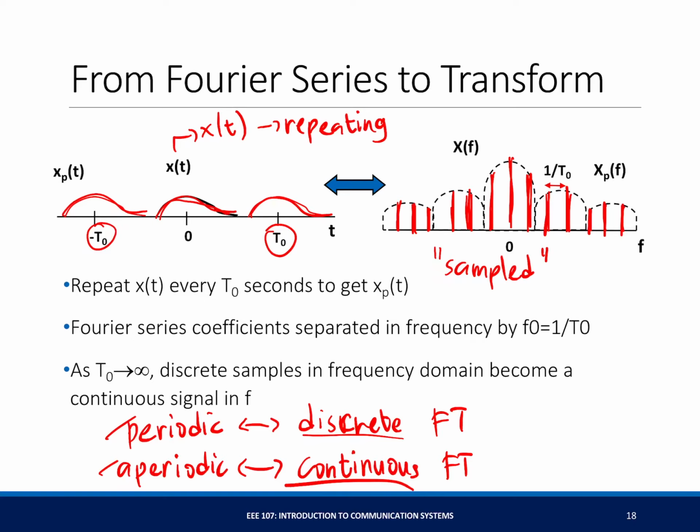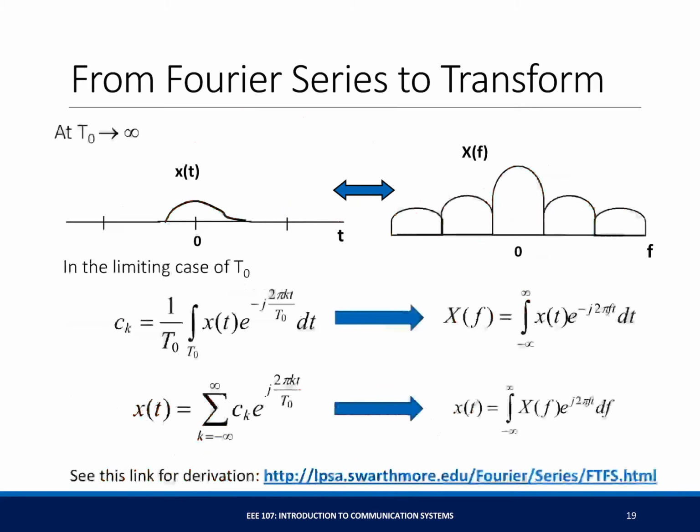So this is how the Fourier series relates to the Fourier transform. The envelope of your Fourier series actually represents the Fourier transform if the signal becomes aperiodic.